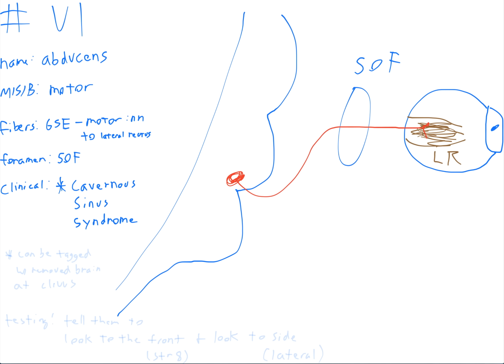They might tag it down there on the clivus where it's coming through the dura. There's no other one that does that, so they can test you that way. It's the only one that lives on the clivus. So the abducens pierces the dura at the clivus and goes anteriorly. Just remember that for the lab.